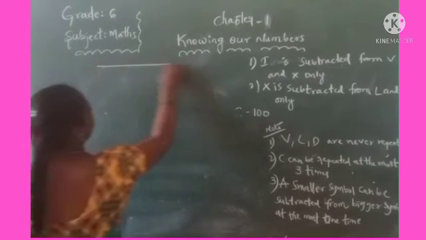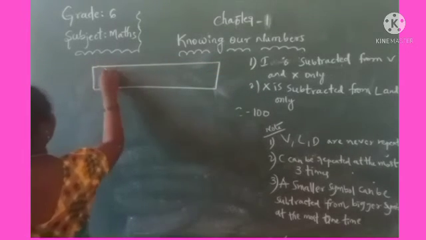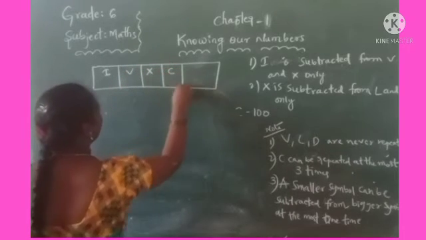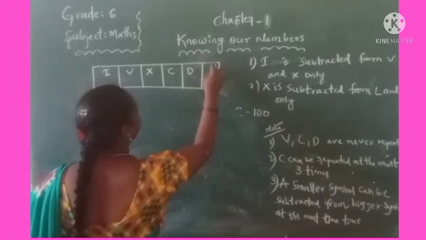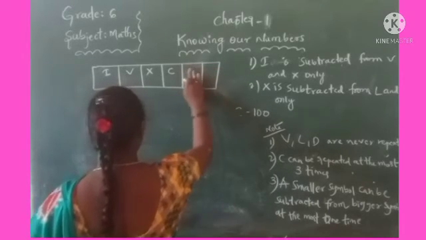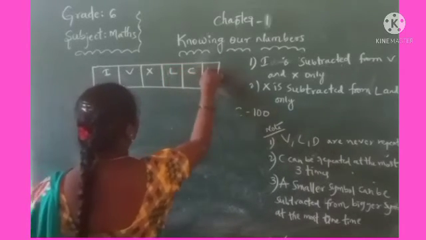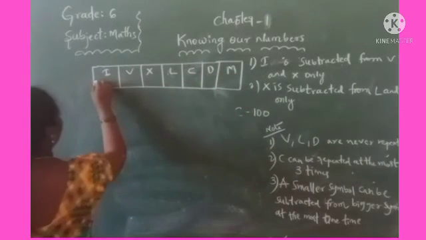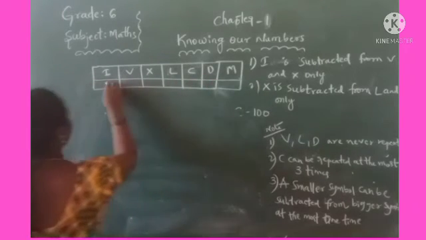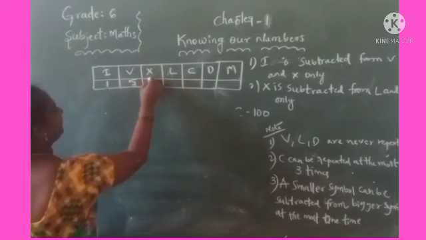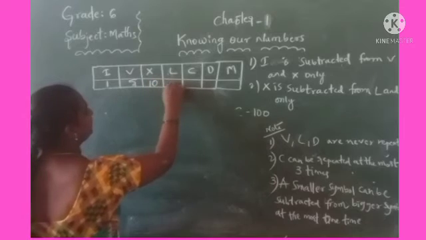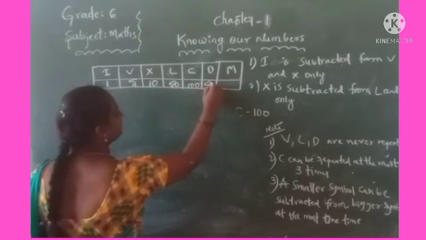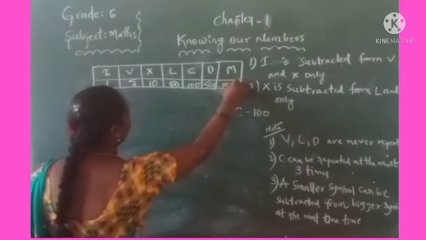So you have to keep in mind the symbols I am writing here: I, V, X, L, C, D and M. The value of I is 1, V is 5, X is 10, L is 50, C is 100, D is 500 and M is 1000.